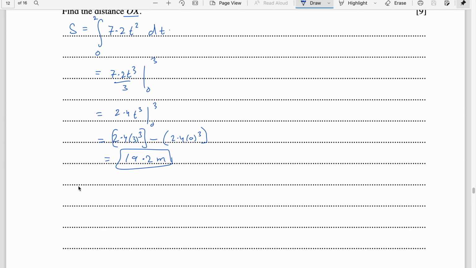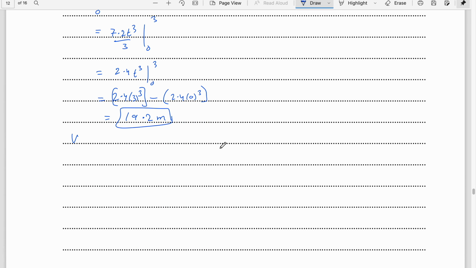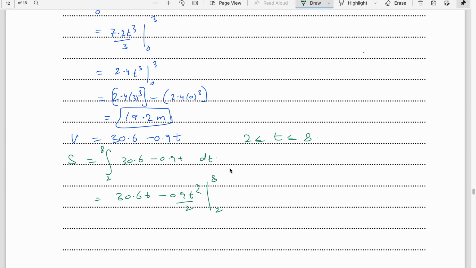Now for the second section, velocity is 30.6 minus 0.9 t, and this is for 2 to 8. Again for displacement, we are integrating from 2 to 8 the function 30.6 minus 0.9 t with respect to t. This is 30.6 t minus 0.9 t square by 2, with limits from 2 to 8.